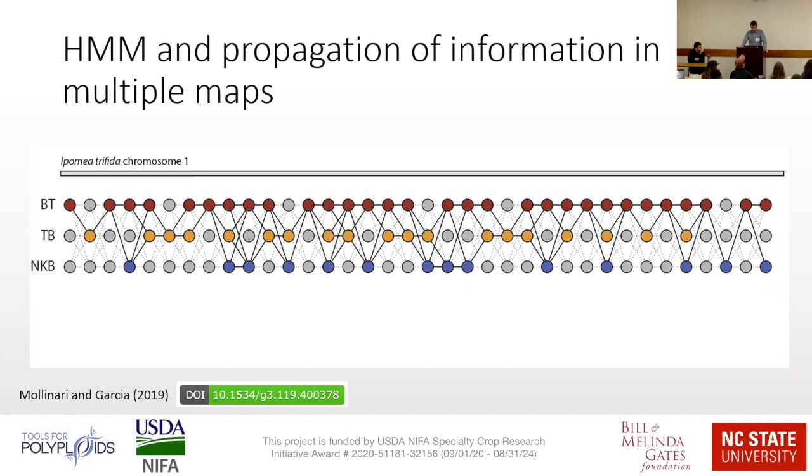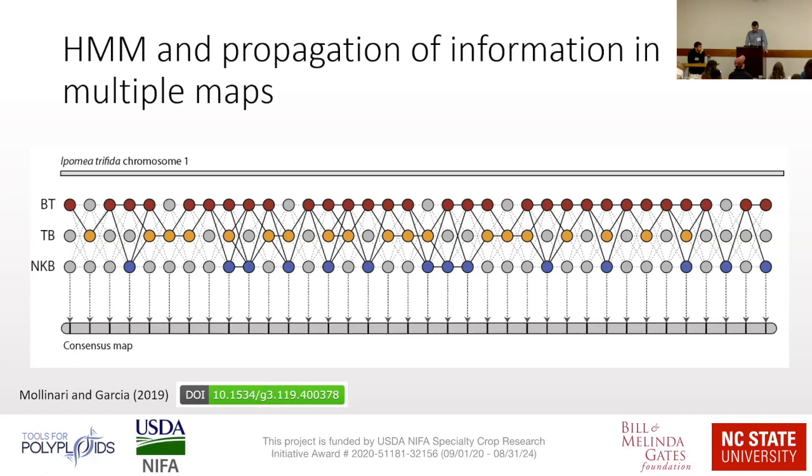The idea about how to do this is in this publication. It's not for multiple populations, but it's an extension of the idea that we published here in 2019. And of course, if you have this, you can have your consensus map. The most important part is not just having the consensus map.